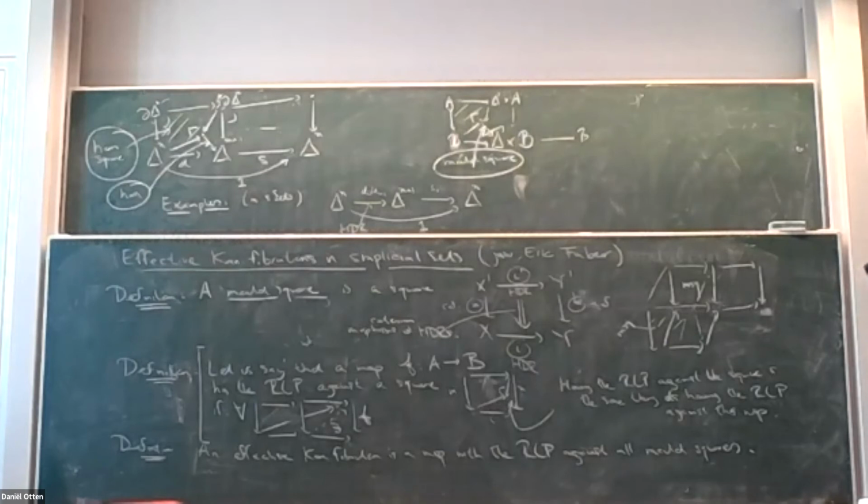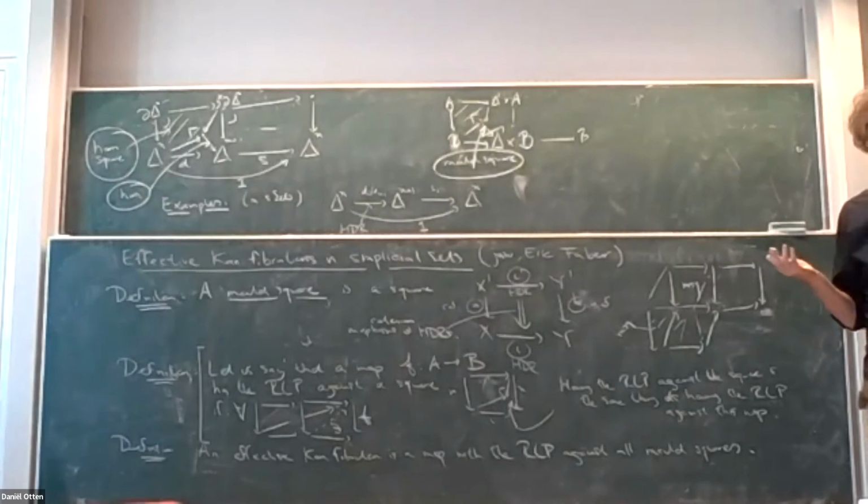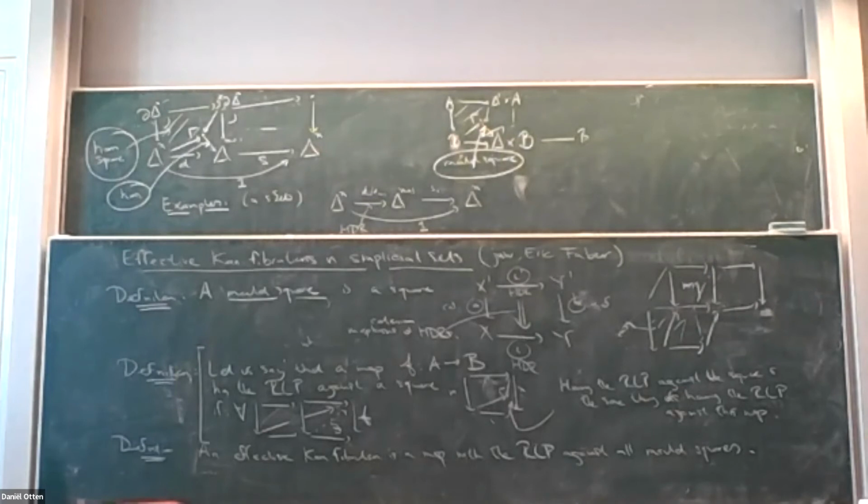These horizontal and vertical and perpendicular conditions can, of course, be rephrased purely in terms of right lifting properties against these induced maps. But it's just ugly. The conditions don't look very nice. And I think it is more than just aesthetics.